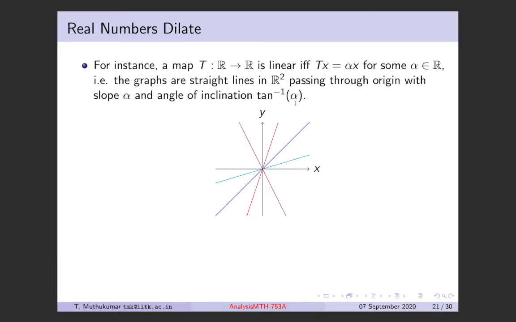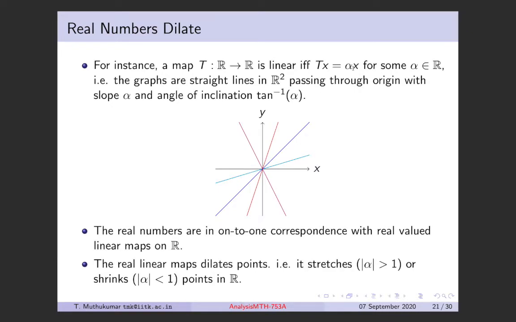And the property about these linear maps on the real line is that they dilate points. You can see that from the definition here. Any x is taken to alpha x, which means depending on whether mod alpha is bigger than 1 or smaller than 1, the point is either stretched or shrunk.